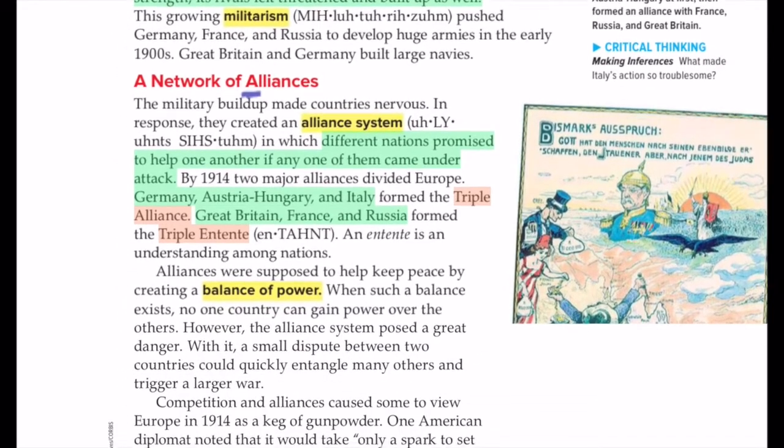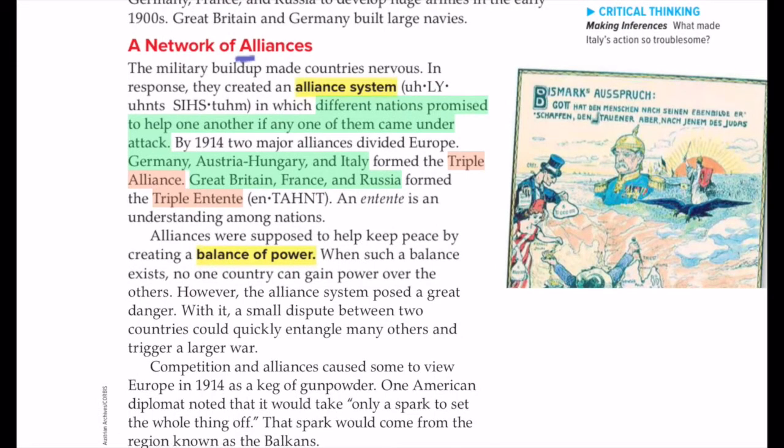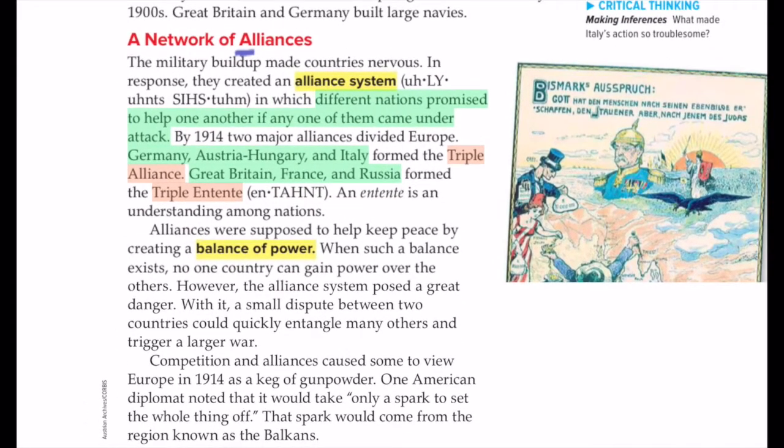And then the 4th thing, the A in MAIN, alliances. Okay, so an alliance is when you agree to work with another country and you'll come to their aid if they get attacked. We promise we'll help you, right? And so what ended up happening is a lot of the different countries started buddying up and making these alliances.